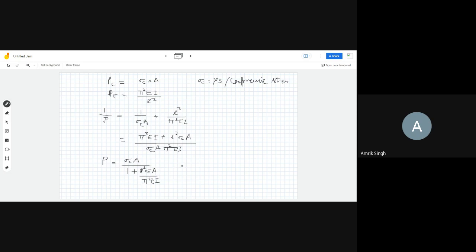So you can write this formula as P is equal to sigma C into A divided by 1 plus A into L upon K whole square.